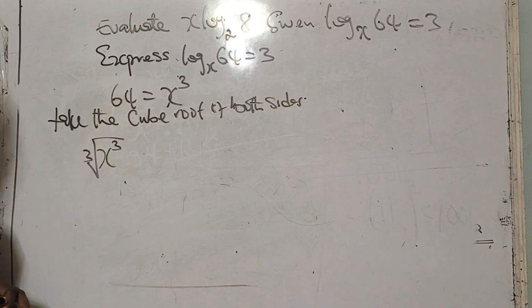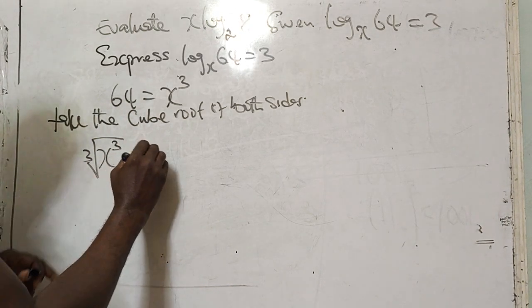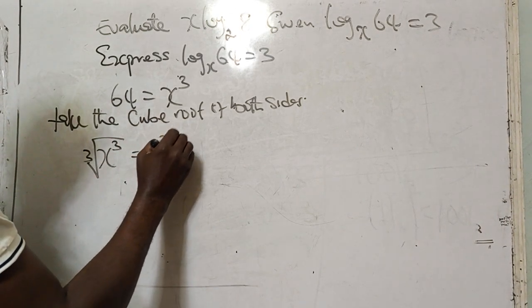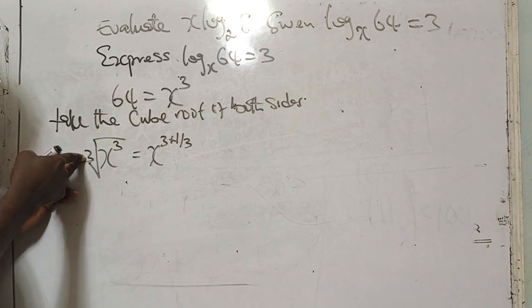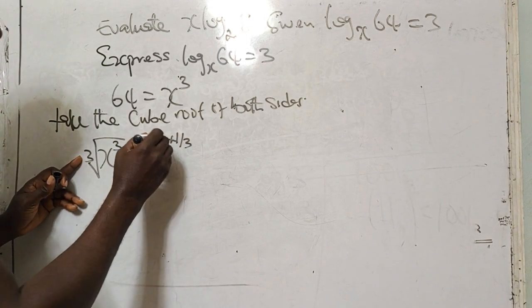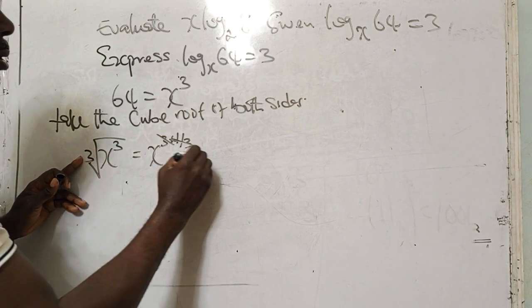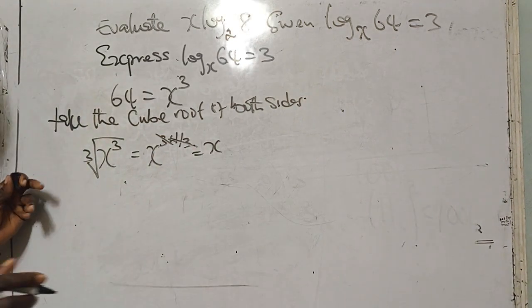That is x raised to power 3 times 1 over 3. The 3 cancels the 3, and we only have x. That's the cube root.